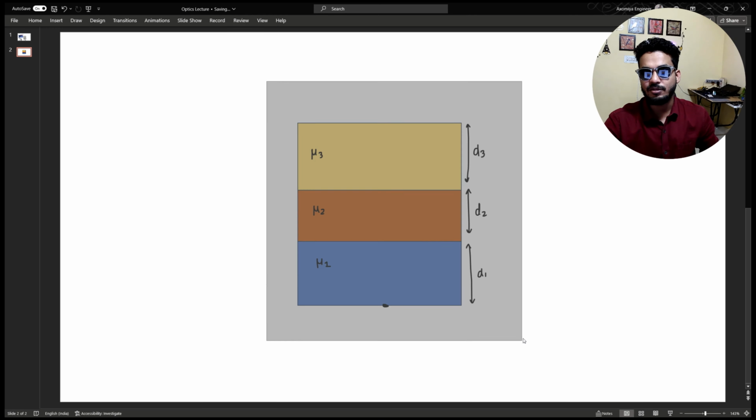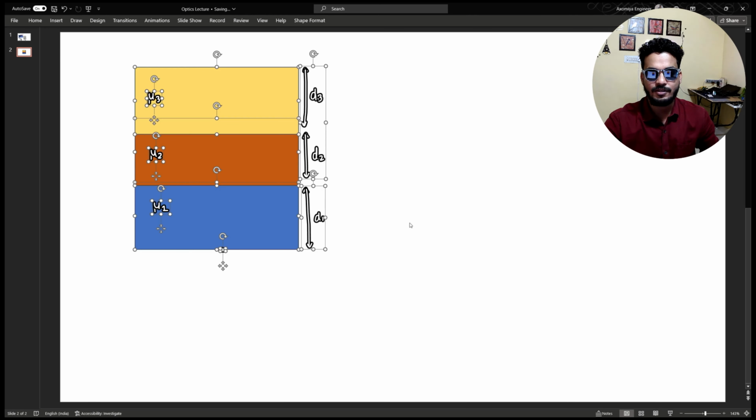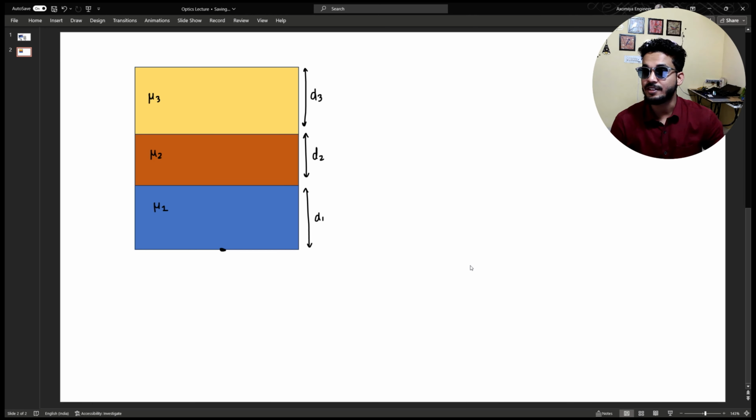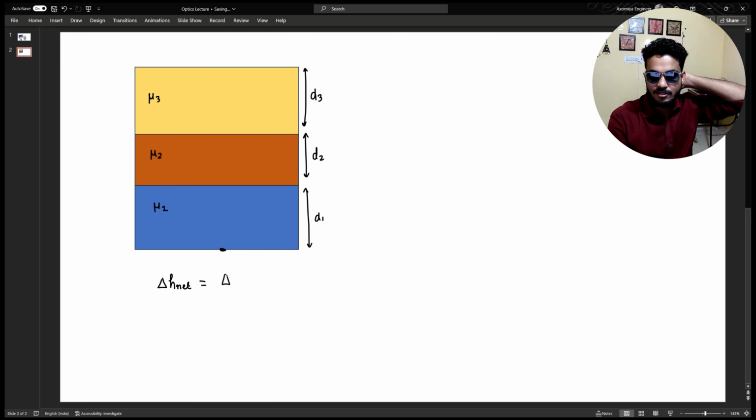How would you find out the apparent depth of something that is kept at the bottom of 3 different layers with 3 different refractive indices? This is where people are struggling right now. So how do you find that? It is actually pretty simple. You say that the net shift of the object in the upward direction will be the shift because of the first layer plus the shift because of the second layer and the shift because of the third layer.